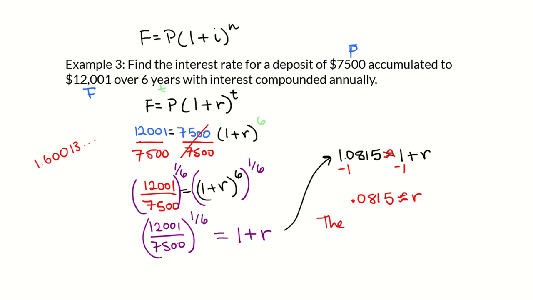So the rate, if we switch it now back to a percentage, is approximately 8.15%. Because to get the decimal rate R from the percentage, we divide by 100. So to get the percentage from the decimal rate, we would multiply by 100.